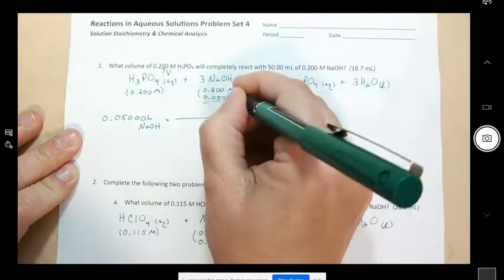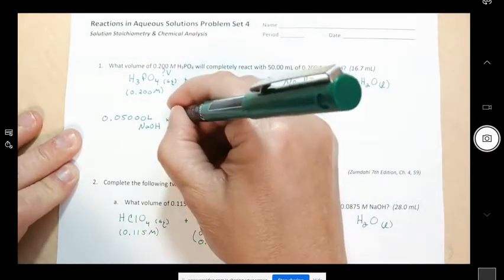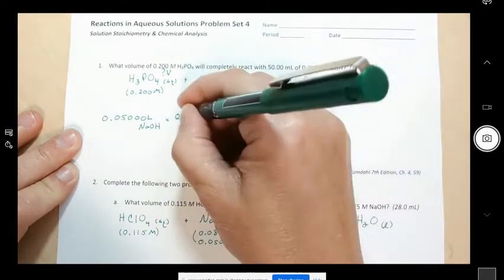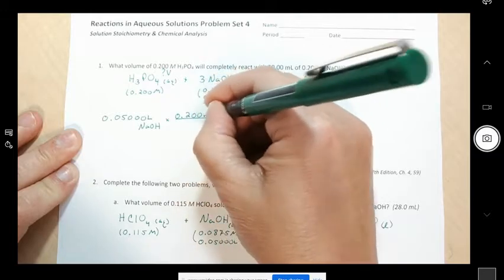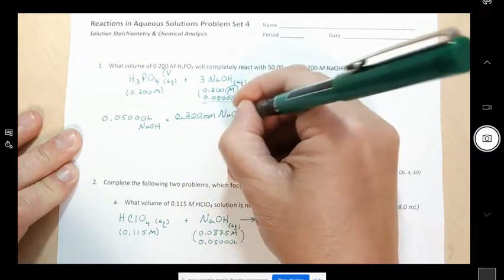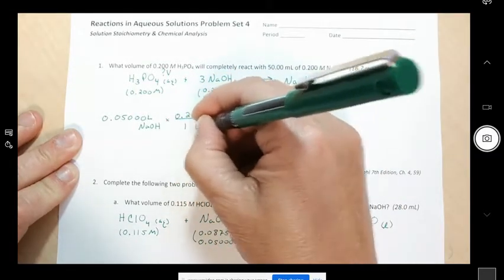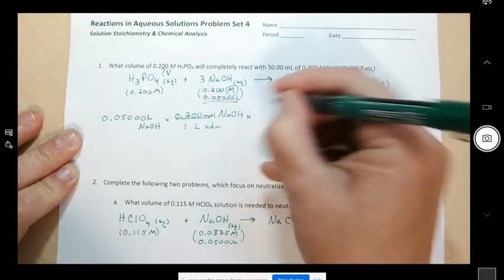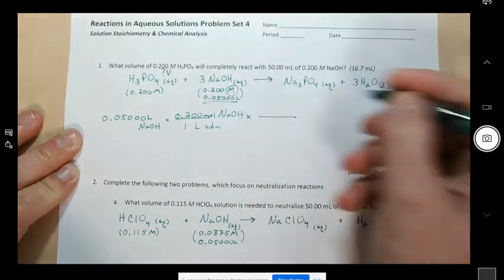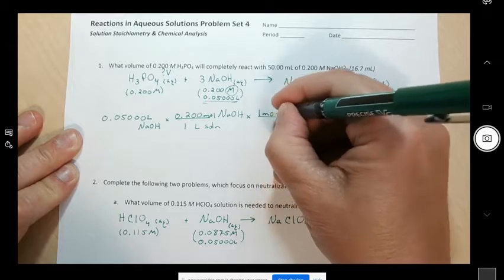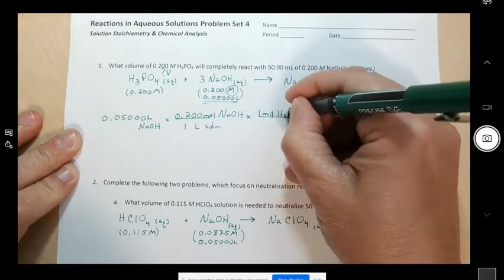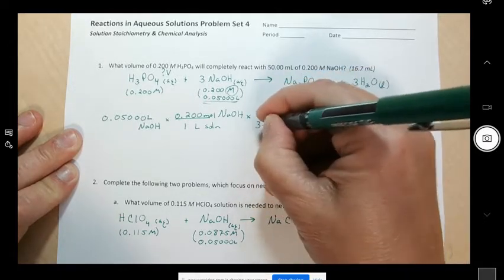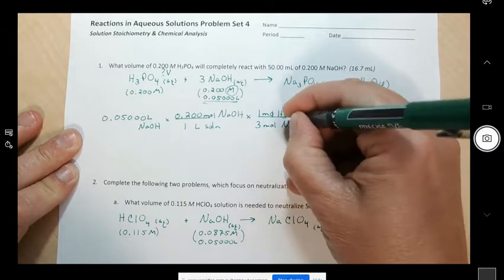And according to my molarity, I know I have 0.200 moles of sodium hydroxide for every 1 liter of solution. I also have a mole ratio of 1 mole of my acid, H3PO4, for every 3 moles of sodium hydroxide.